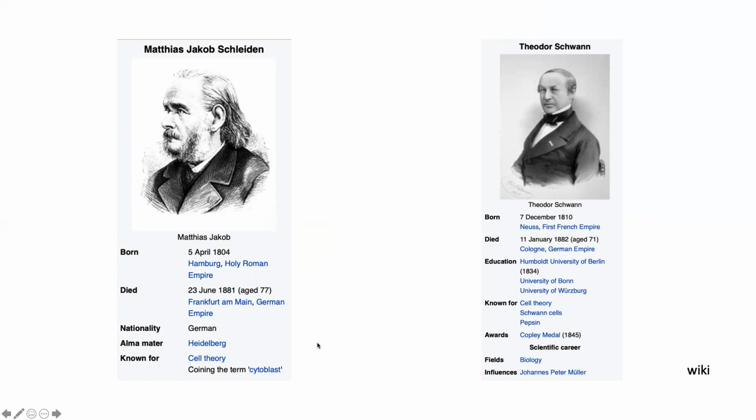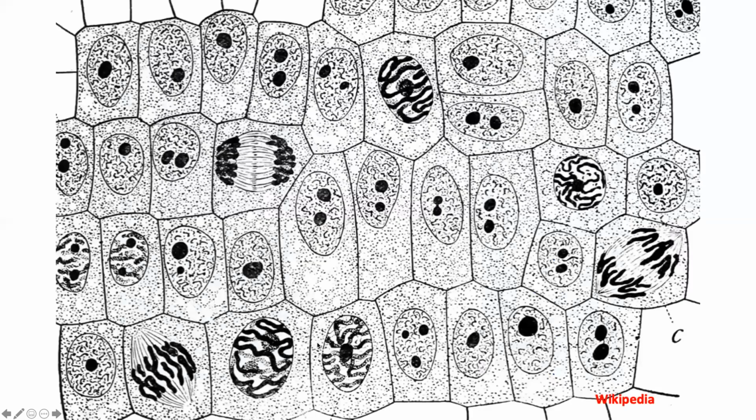So when we think about cells, this is what we see: multiple cells, a human being with trillions of cells in our body. Every cell has its own activity and function and does its own job. This is what comes to our mind when we talk about cells.